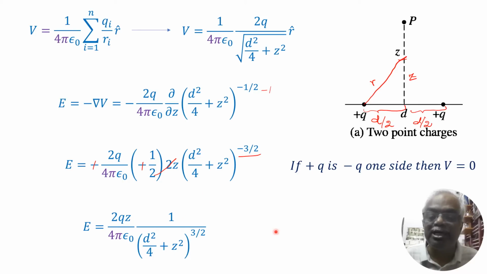Then another question asked is, what will happen if one side q is replaced by minus q?